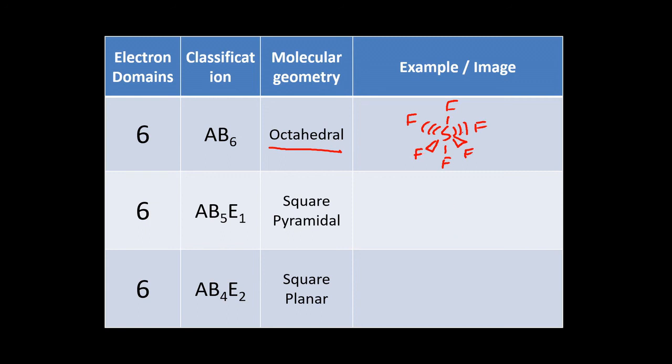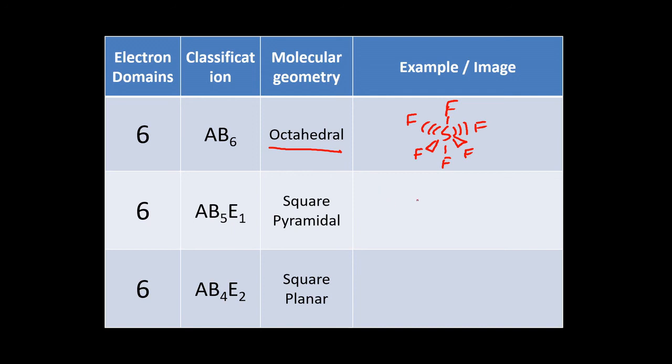So each one of these positions is 90 degrees from every other position except for the one that is directly opposite to it, and that's 180 degrees. And the reason it's called octahedral, by the way, is if you put planes between all of the different atoms, you would have an 8-sided shape. So that is why it's called octahedral.